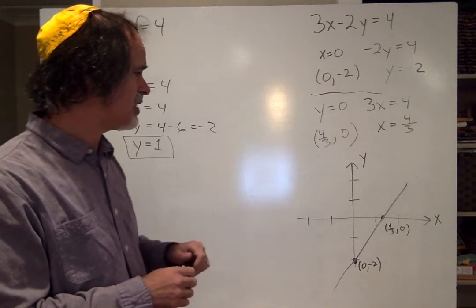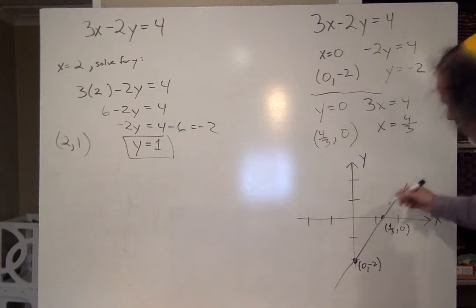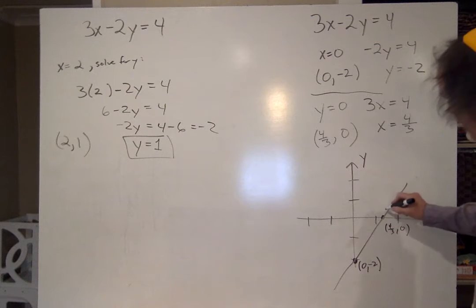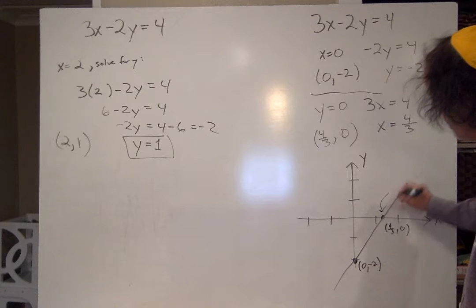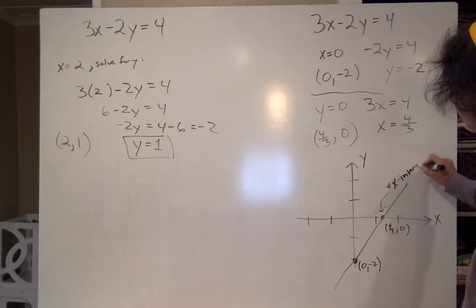This can be easier. They call this point right here, where the line crosses the x-axis, the x-intercept.